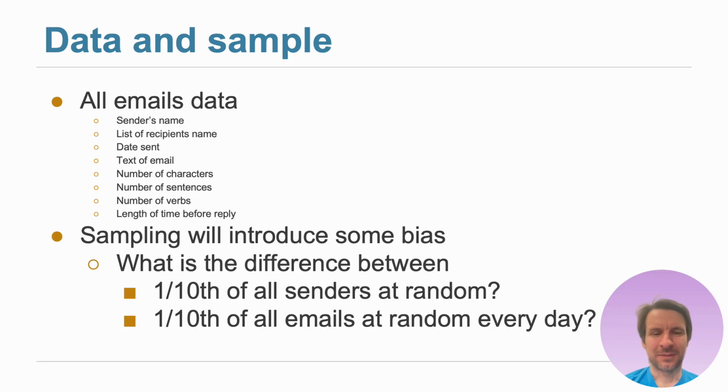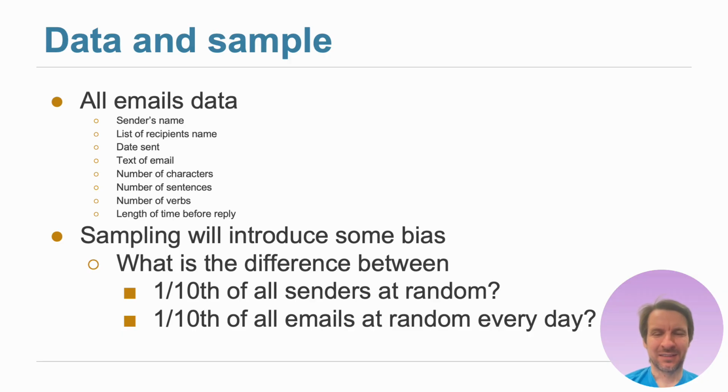So you have a lot of email data that can include the sender's name, text, and so on, and what sampling will introduce is some bias. How do you select the emails?